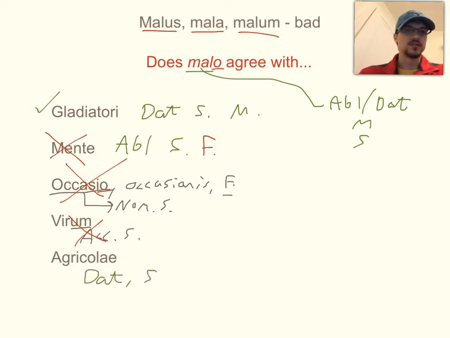We know it's singular if it's dative in the first declension. But you're thinking, well, it's first declension, it has to be feminine. But remember, that's one of those PAIN words. And these, remember, are the words that are masculine, even though they're in the first declension. So, agricoli does agree, because it is masculine.